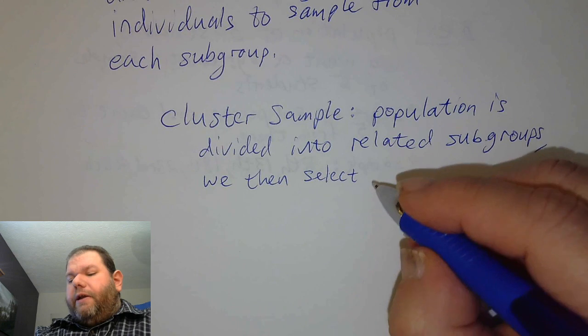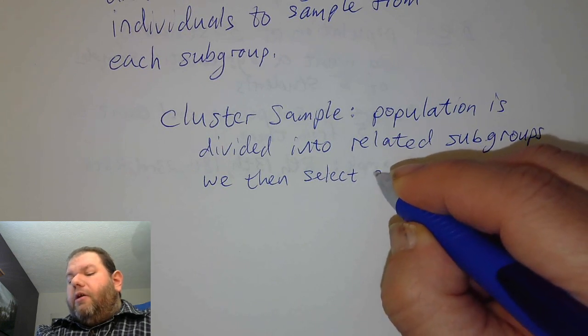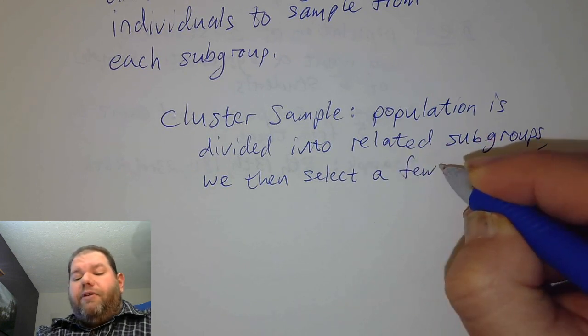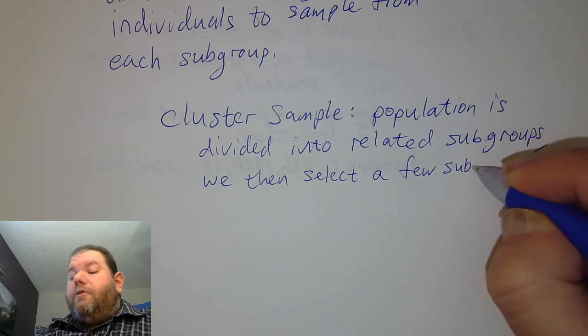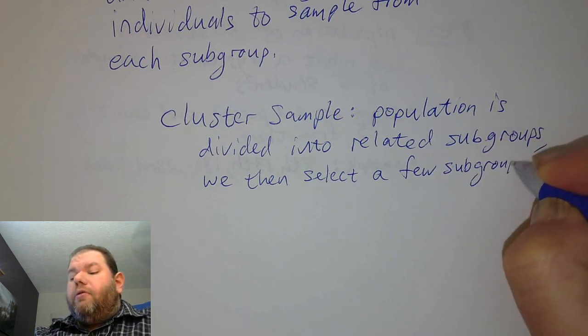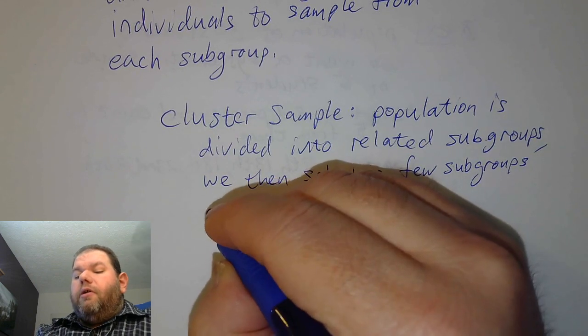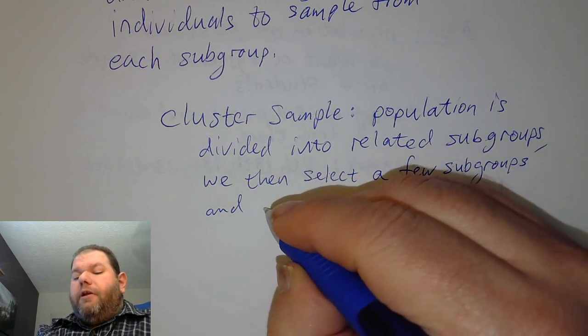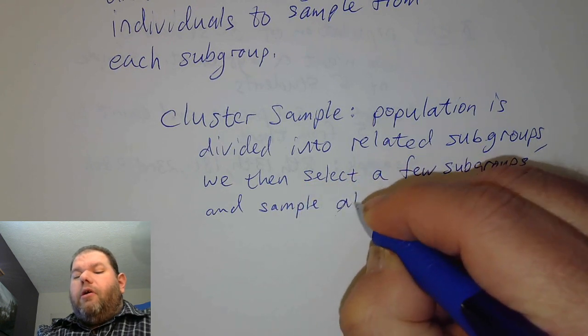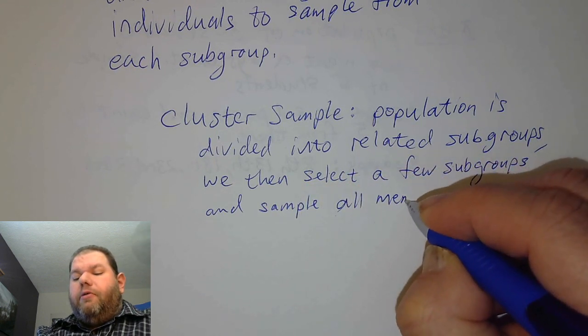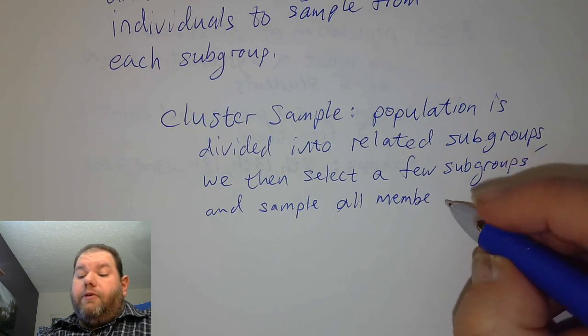It really depends on how many we need: we select a few subgroups and sample all members of the selected subgroups.